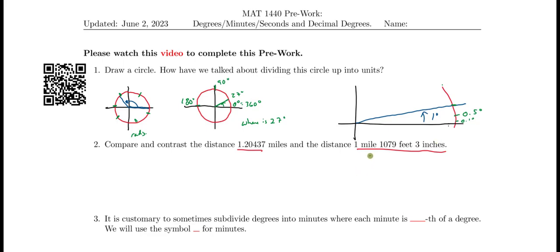So let me just point this out. How would I get from this statement to this statement? Well, we know that this is 1 mile plus 1,079 feet plus 3 inches.